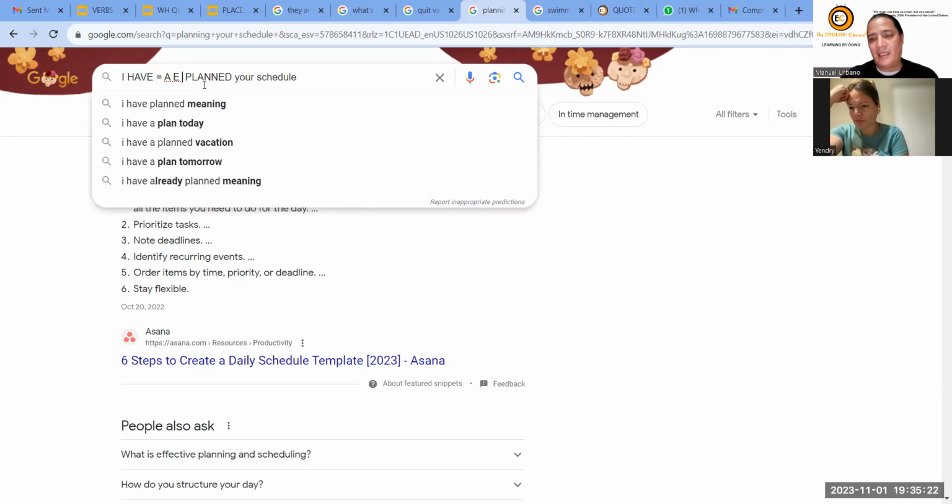Have has the letter A and the letter E. Entonces, haz de cuenta que es ha hecho, he planeado, ha averiguado, ha buscado. So that's the participle. Ese es el participio. El he hecho, he planeado, he buscado, he trabajado, right? Pero, so go ahead.